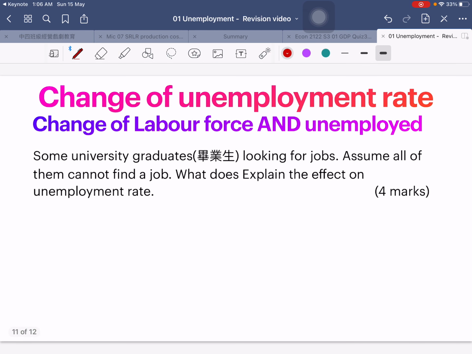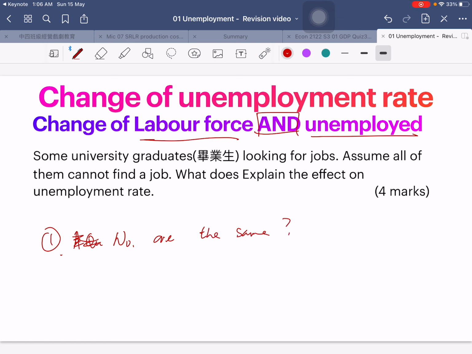And then the second part here is that the labor force and the unemployed change together. If they change together, we have to be very careful, because there are 2 scenarios. First, if they change together, check whether the number of people is the same.